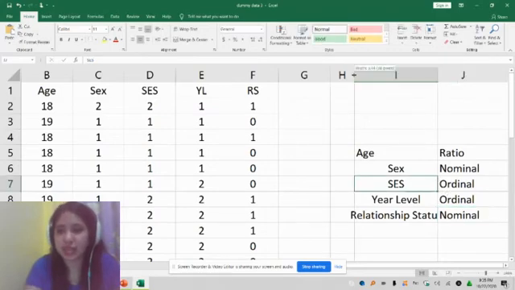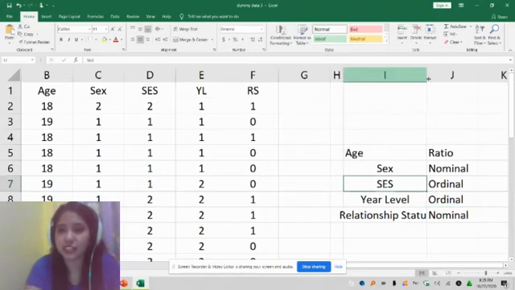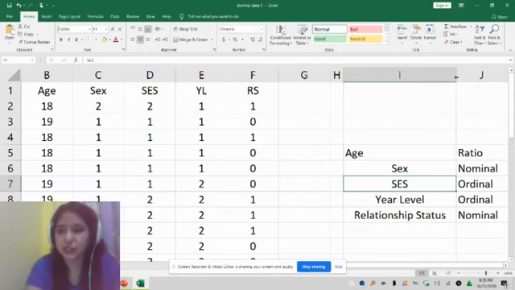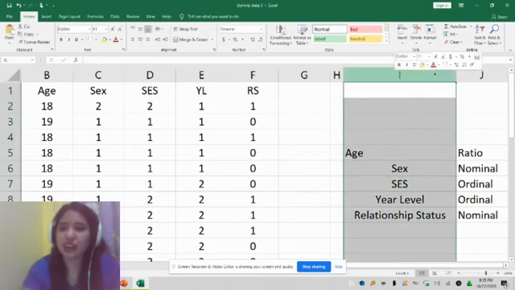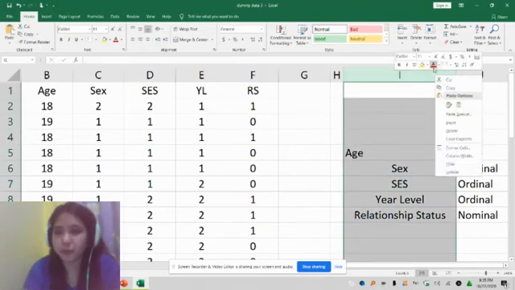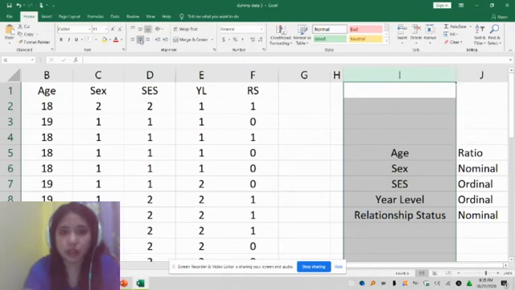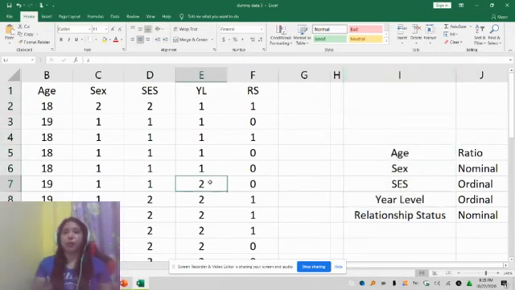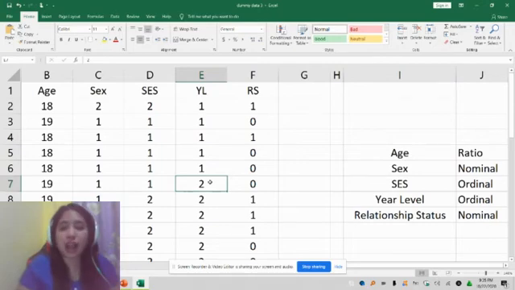It does not mean that if you are in a relationship and the other one is not in a relationship, you are higher or lower than the other group. Okay, next. So we are done classifying the level of measurement or the scale of measurement of our variables.